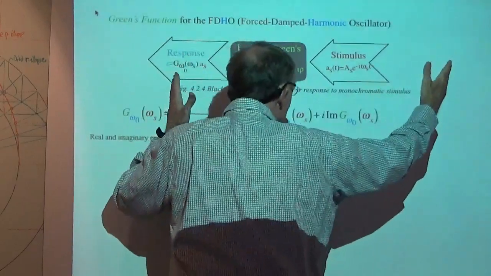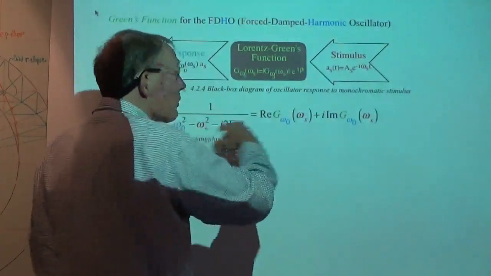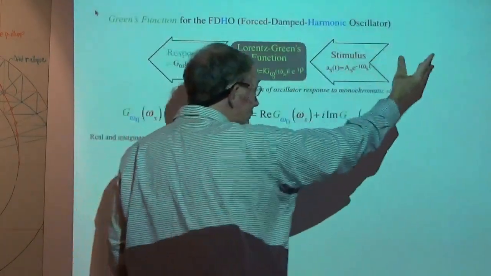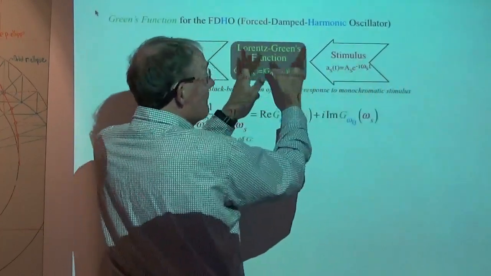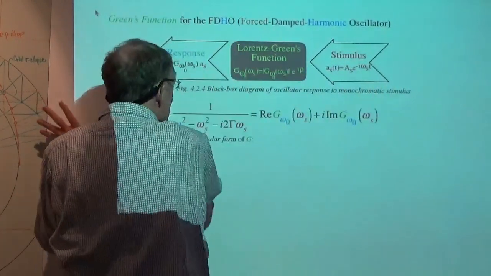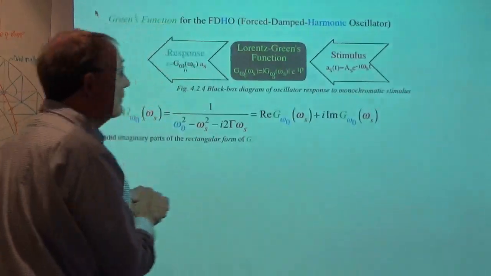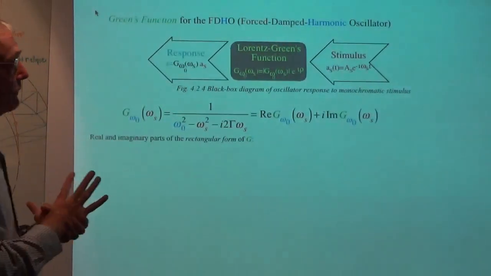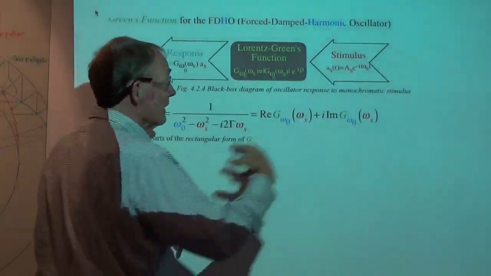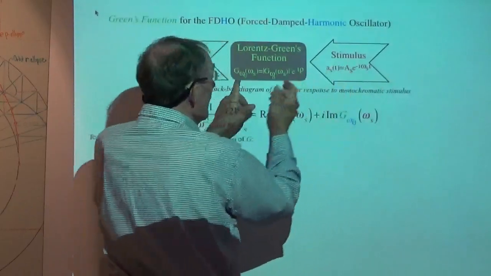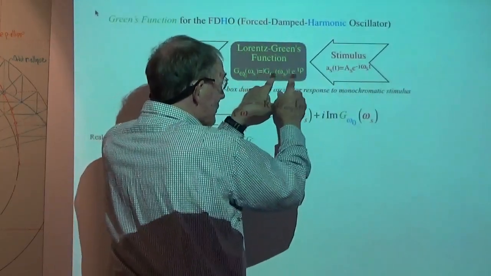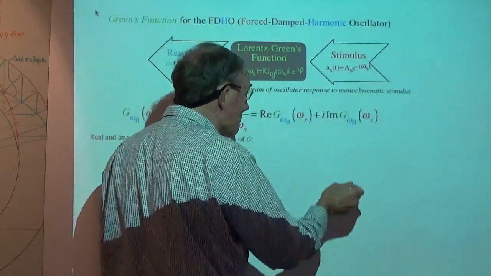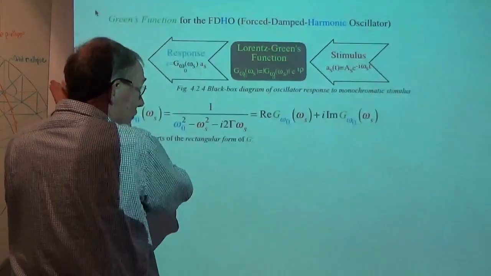Hebrew reads from this side to that side. That's why your quantum mechanics always has the initial state over here, then some operator that gives you a final state over here. So this is a classical rendition of that sort of Hebrew way of looking at it: a stimulus comes in, gets multiplied by the Green's operator or function, and out comes a response.